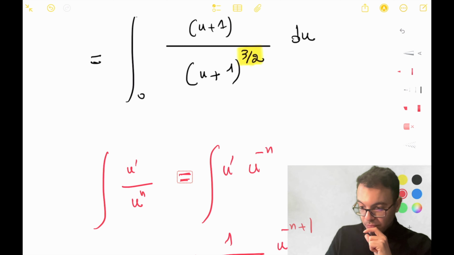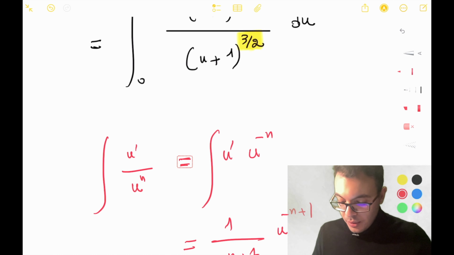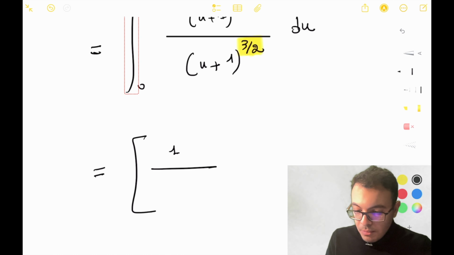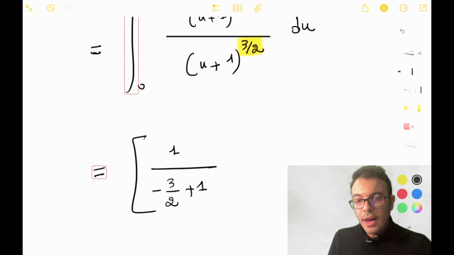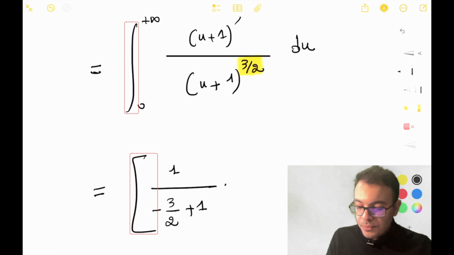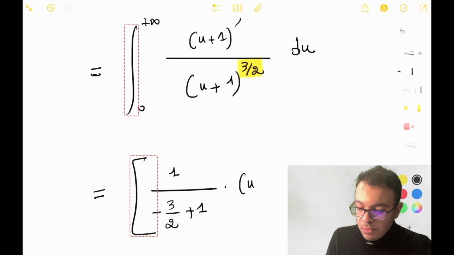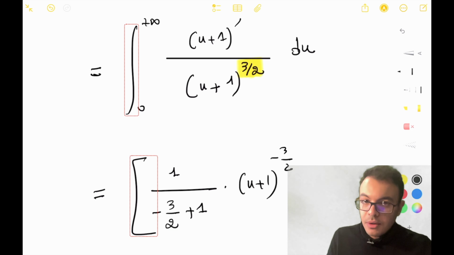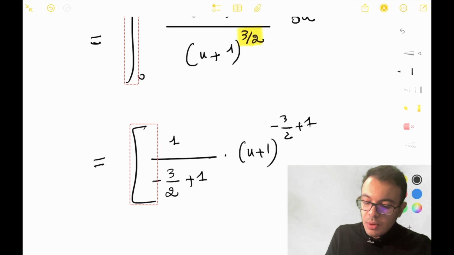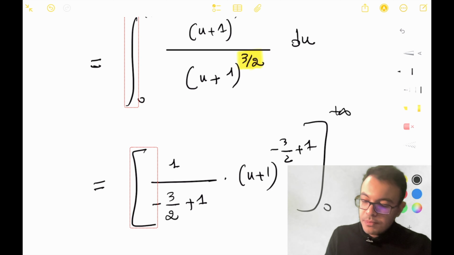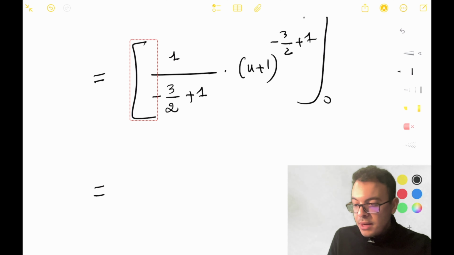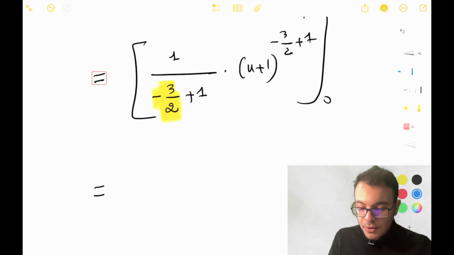So here that's what we are going to do. The function we have is 1 over (minus 3 over 2 plus 1), our n being our power here, times (u plus 1) to the minus 3 over 2 plus 1, from 0 to infinity. Here minus 3 over 2 plus 1 is minus 1 over 2, so it's minus 2 here.